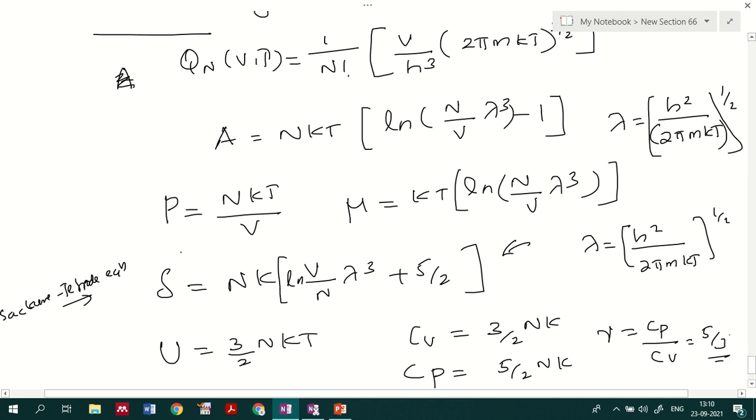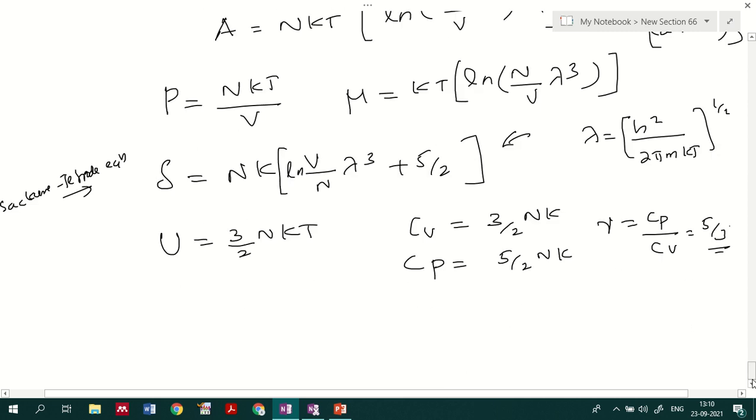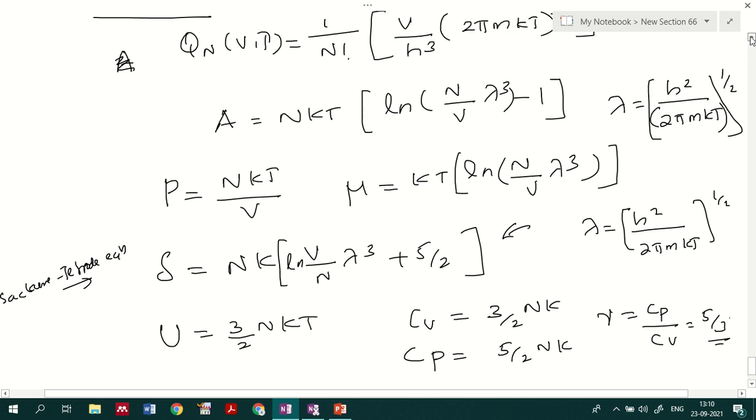So that means all the values corresponding to the different thermodynamic parameters that we obtain are the same as we obtained in the case of microcanonical ensemble theory earlier.